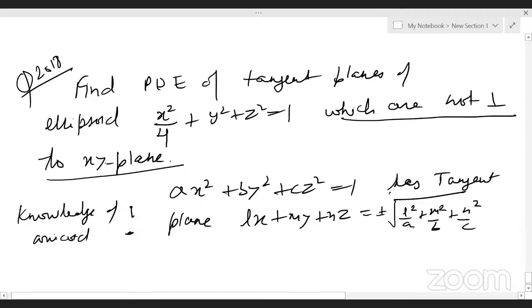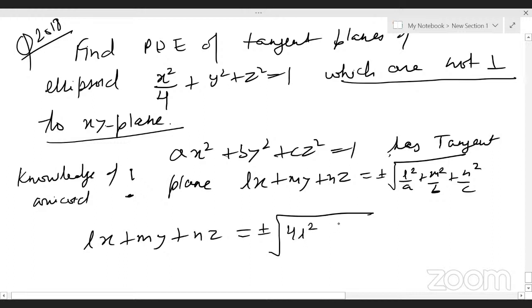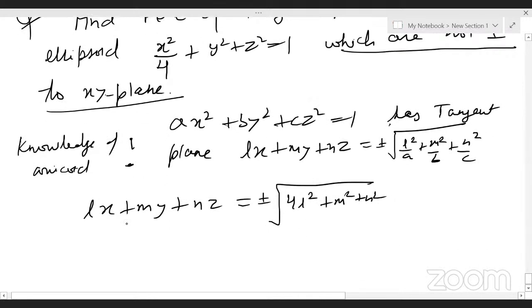This much knowledge is required, which you study in 3D. So from this, I can write the equation of tangent planes of this: lx plus my plus nz is equal to plus minus under root 4l square plus m square plus n square. This is the equation of tangent planes.